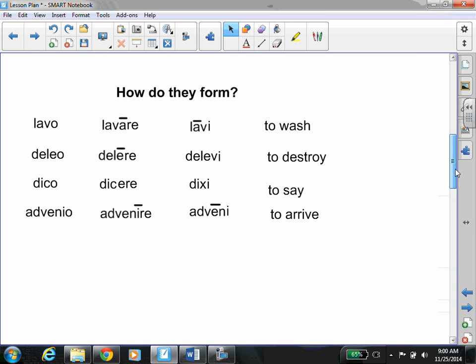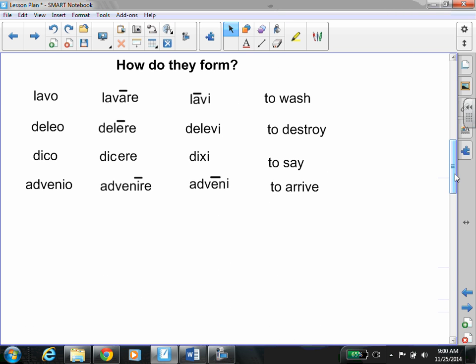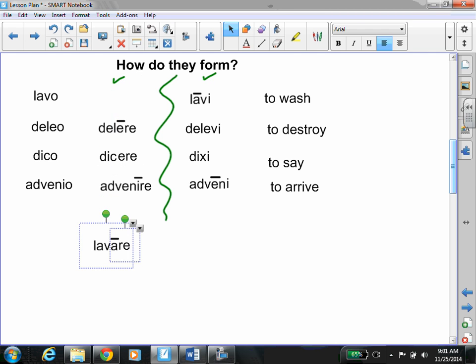Now, how do they form? Well, you heard me call these stems. Present stem and perfect stem. And what I mean by stem is this. I take lavare and I take off this RE and I can create with this column.